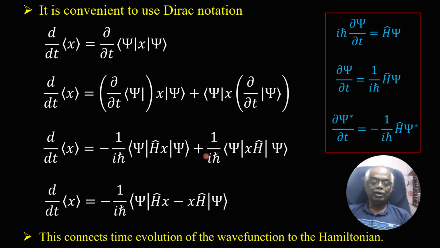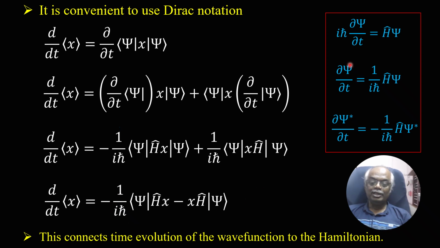So now you take minus 1 over i h cross outside. So the first term will become plus bra psi H x, minus, because already we have taken minus, x H ket psi. This connects the time evolution of the wave function to the Hamiltonian.